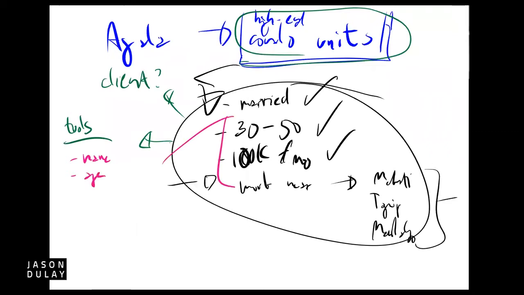You need to find their phone number. You need to find their email, their current address. You need to find how many kids they have, and other information which may be useful. So you're going to be using a multitude of different tools to find this information.